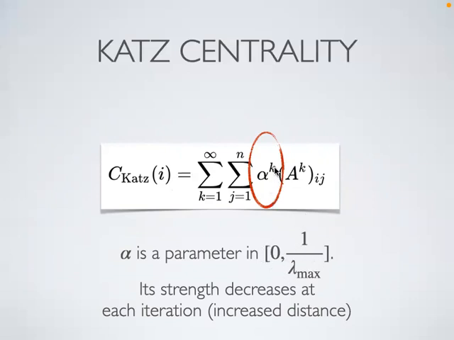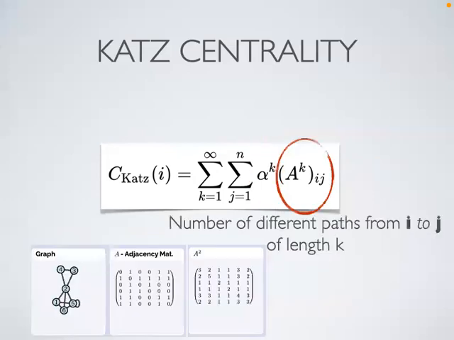So when you take the power k, you will decrease the value. At distance 1, you get the value itself, but when you take the square, you get something smaller and smaller. So for the nodes far from you, you get a smaller value, so they have less importance.